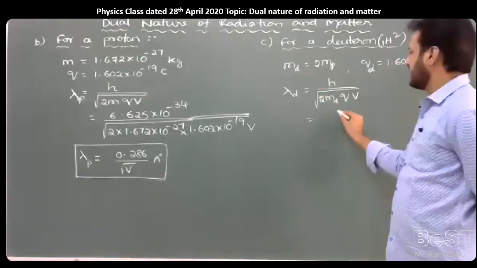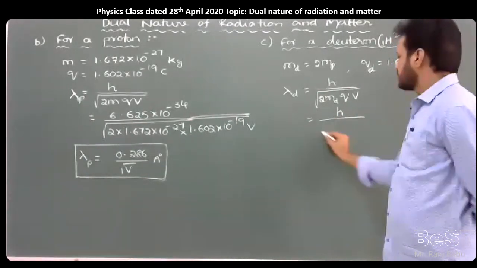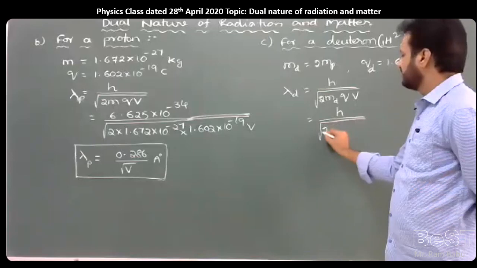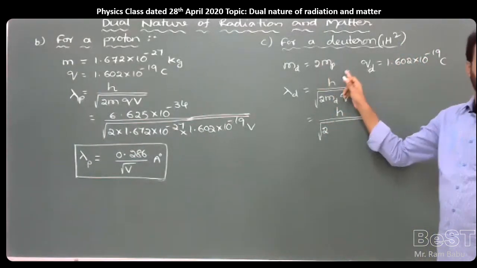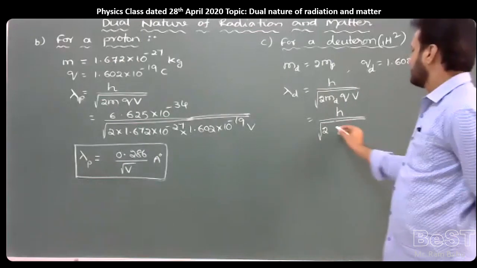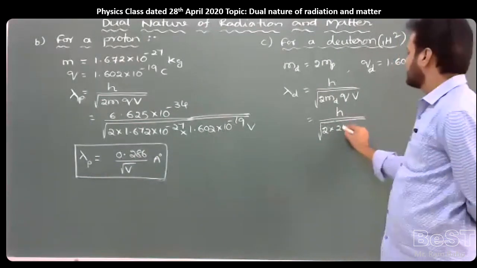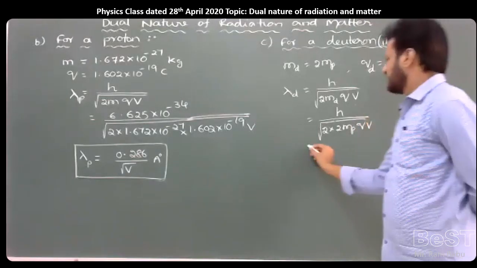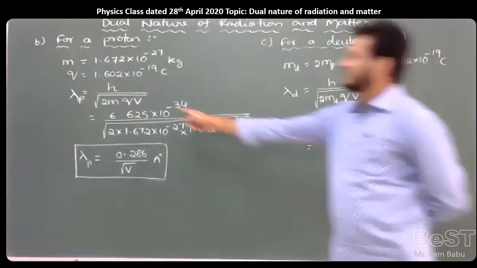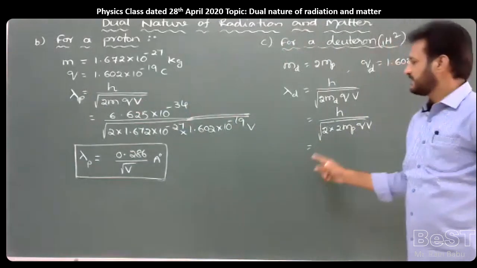That is equal to h by square root of 2 into, in place of the mass of the deuteron, we can write 2 into the mass of the proton, into qV. So the remaining formula is the same except for root 2.